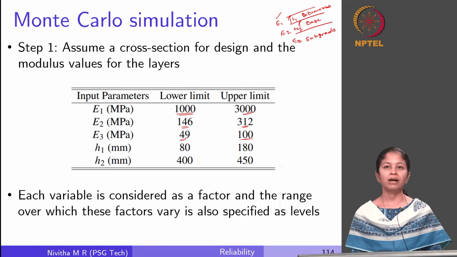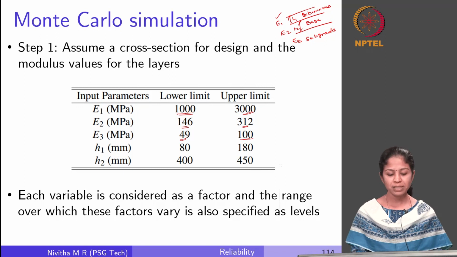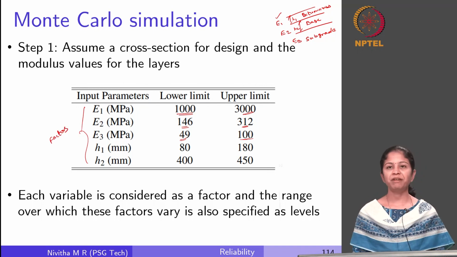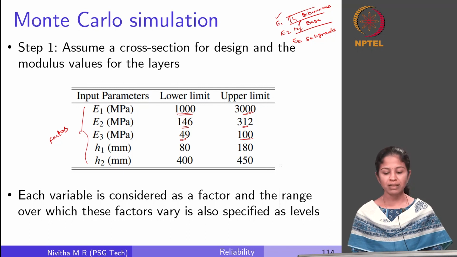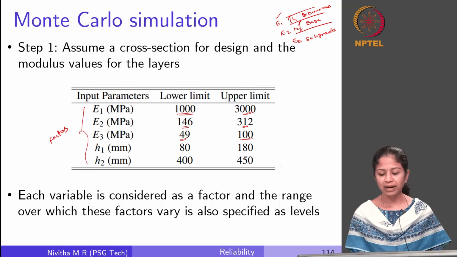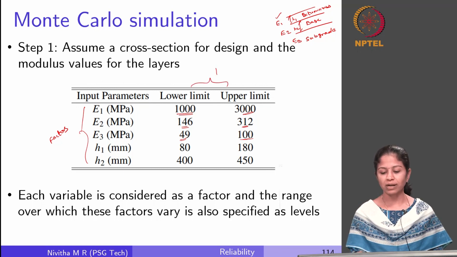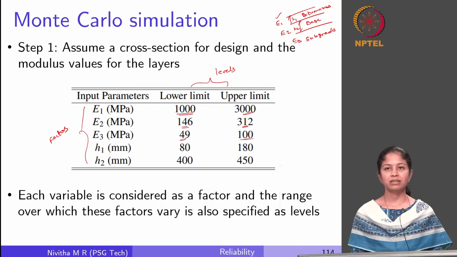Now, if we translate it into the terminology used in design of experiments, these are called factors, right. The input parameters which we will be varying in our experiment, we call them factors, and for each factor we have given 2 values, right. These values are called levels.